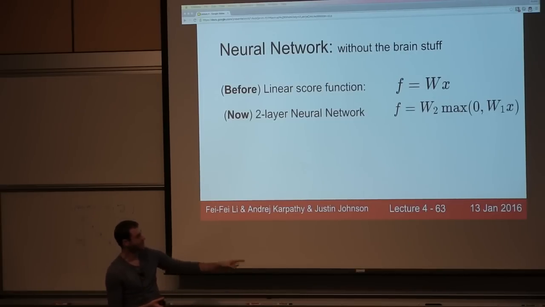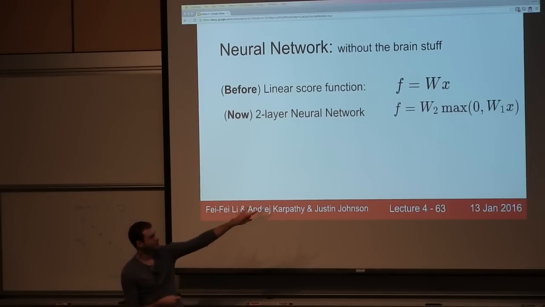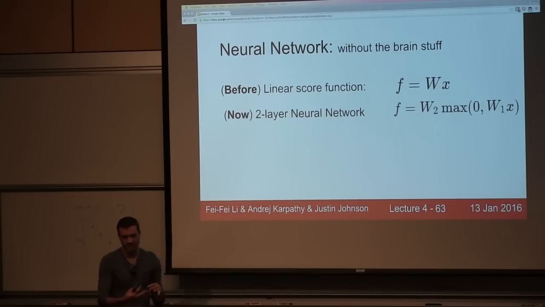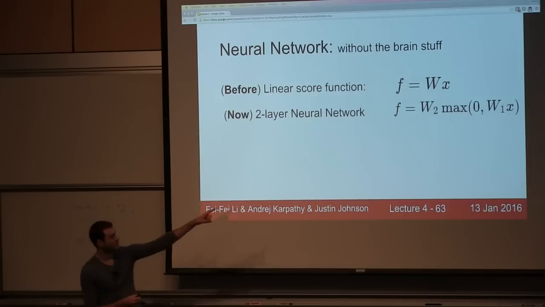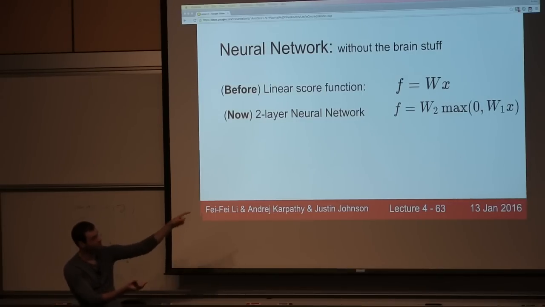So what's happening here is you receive your input x, and you multiply it by a matrix just like we did before. Now what comes next is a nonlinearity or activation function, and we're going to go into several choices that you might make for these. In this case, I'm using the thresholding at 0 as an activation function. So basically we're doing matrix multiply, we threshold everything negative to 0, and then we do one more matrix multiply, and that gives us our scores.